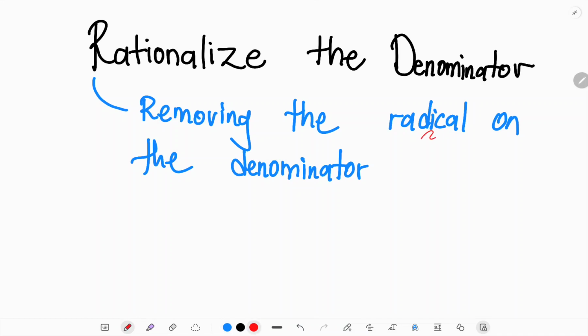We also know that the radical is also called a square root. So I'll just use this to represent a square root, that's how we normally call it.